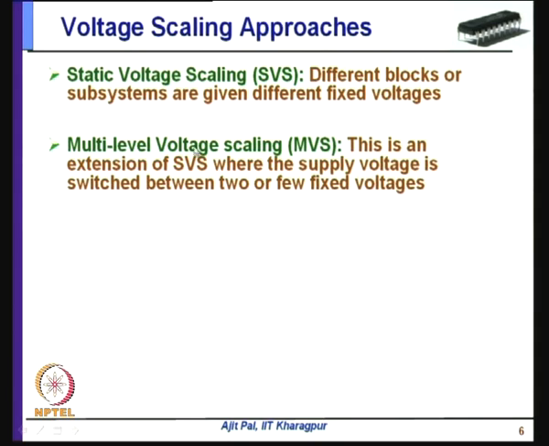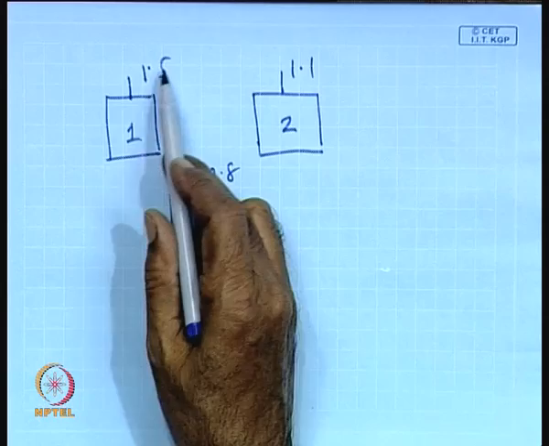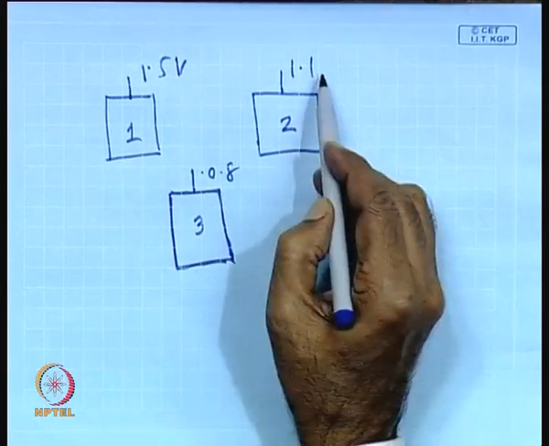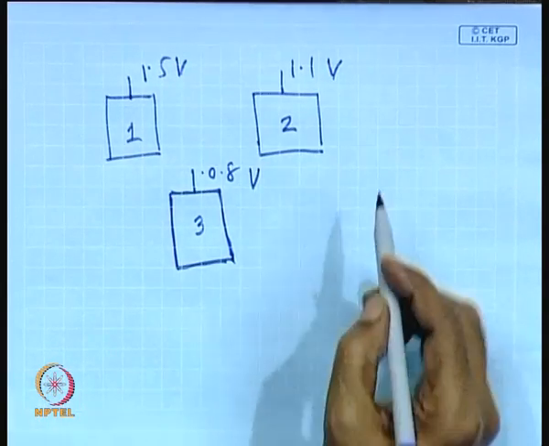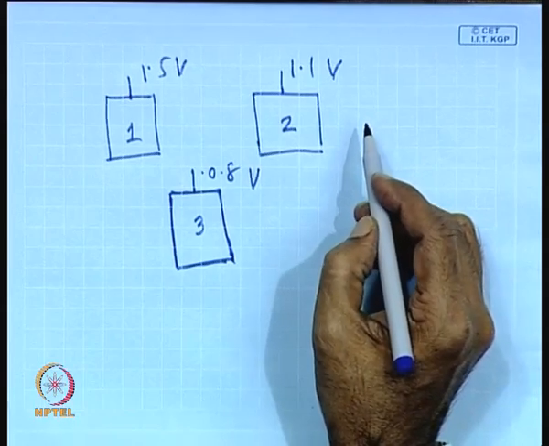Then your multi-level voltage scaling, MVS, this is an extension of SVS, that is static voltage scaling, where the supply voltage is switched between 2 or few fixed voltages. Here in your static voltage scaling, we have assumed that these voltages are fixed, but what can be done in MVS?